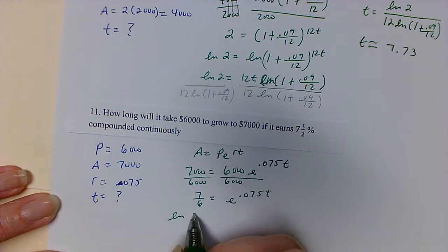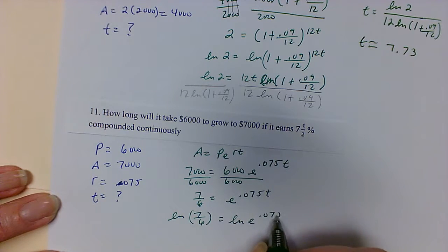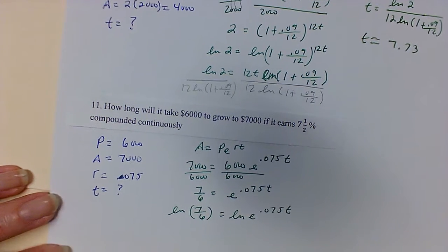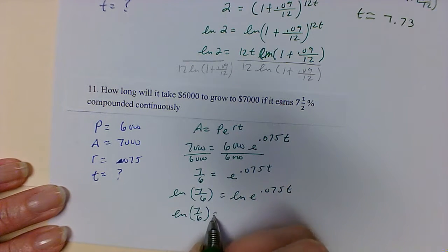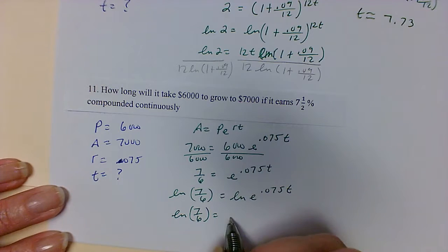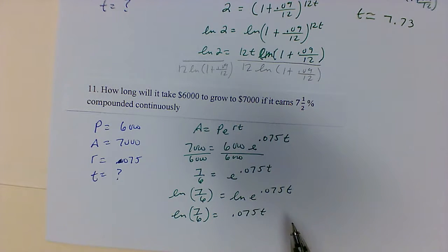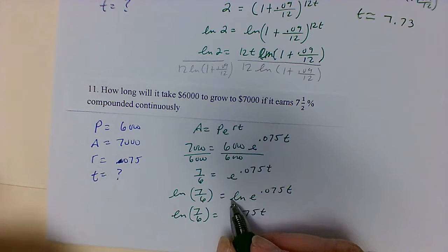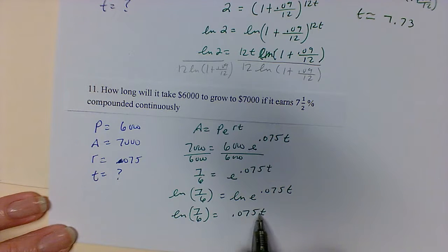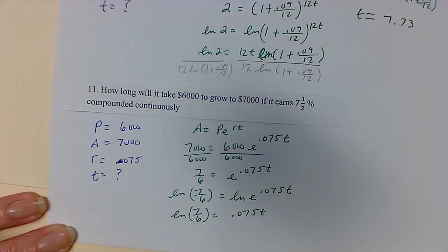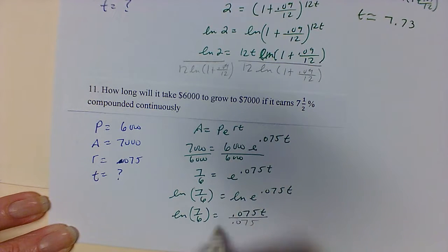Taking the natural log of both sides tells us that we are going to have the ln of 7 over 6 is equal to, we will bring that out front, 0.075t. Now remember, our ln and our e undo each other, so they're going to cancel out. So that is going to leave us with this portion. And now all we have to do at the very end is divide by everything that's not t, so 0.075.